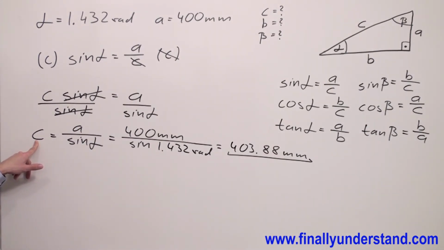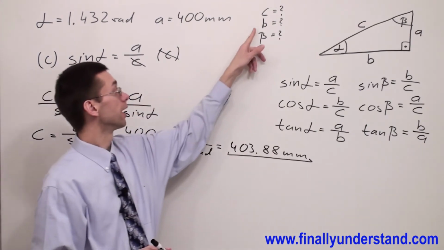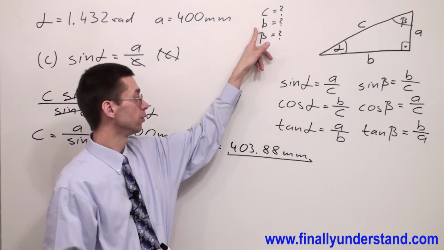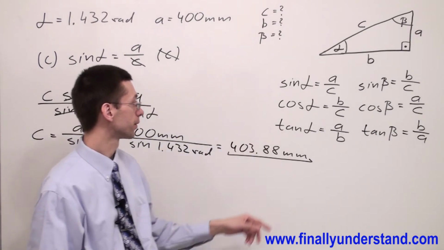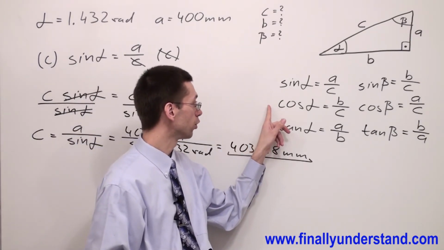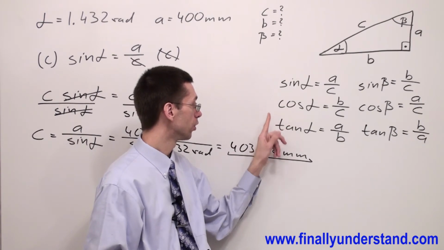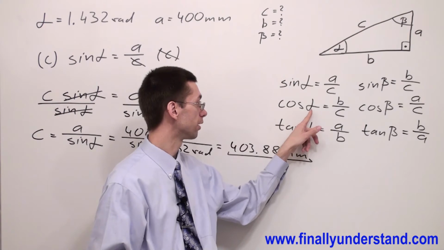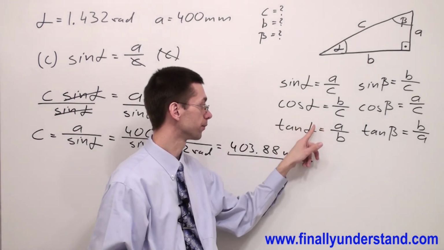Next, I'm supposed to find the length of side B. In order to do so, we can use formula for cosine alpha or formula for tangent alpha. Why? Because alpha is given.